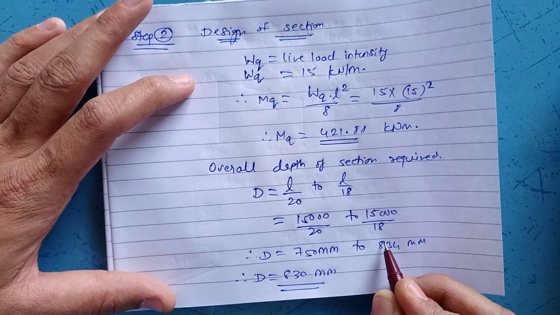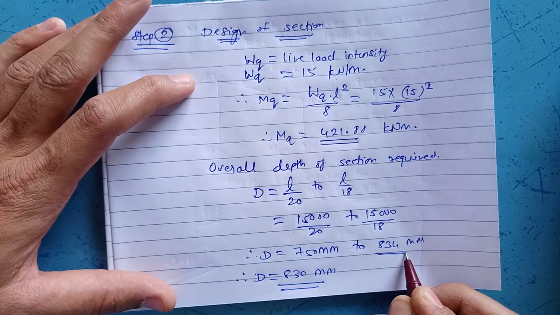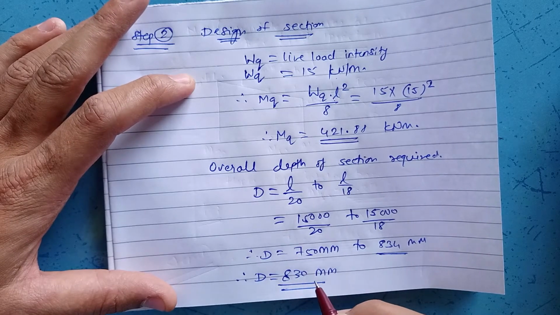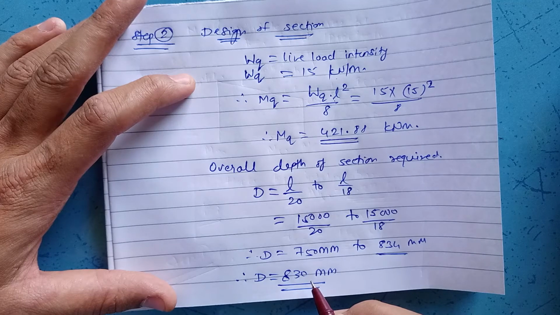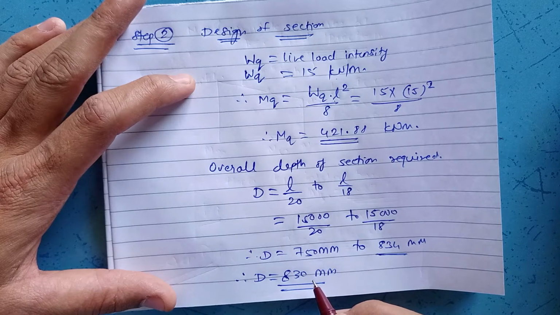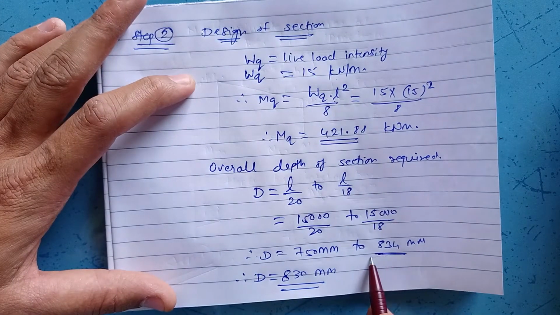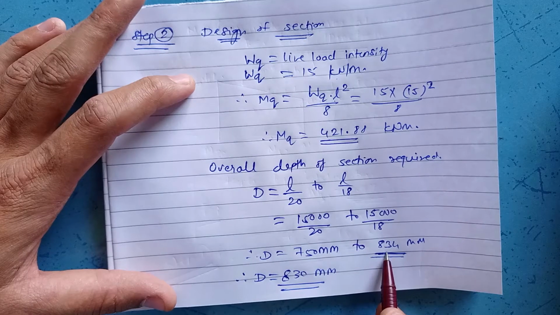Take care that you adopt the depth towards the maximum size so that at the end all the checks will be in safe condition, or else if your checks fail then you are supposed to revise the beam section. Hence use overall depth towards the maximum side always.